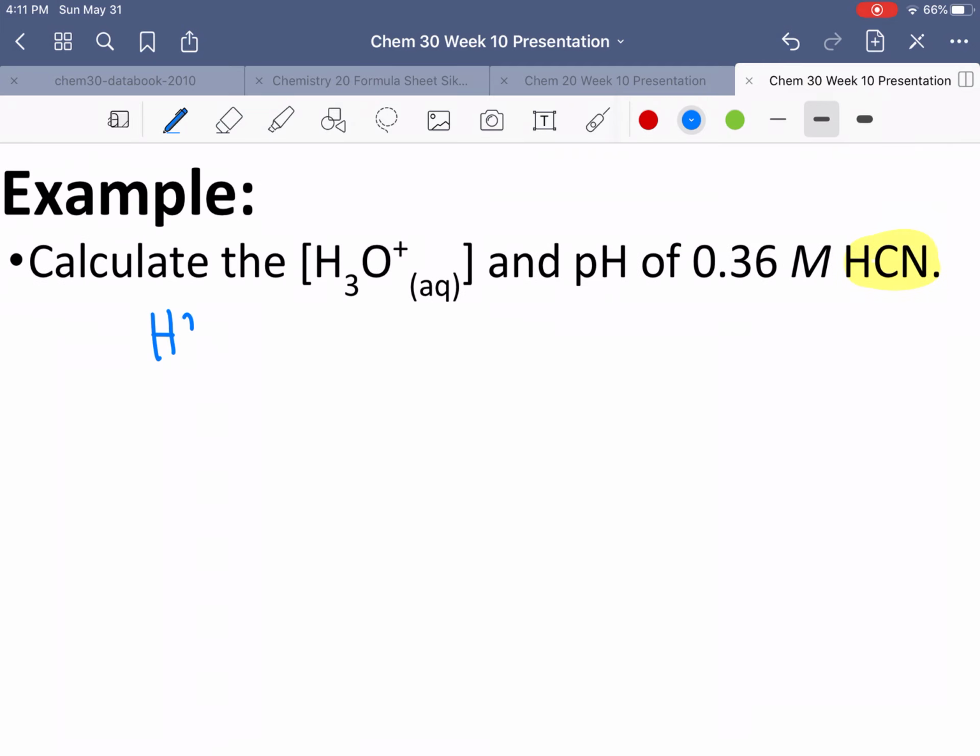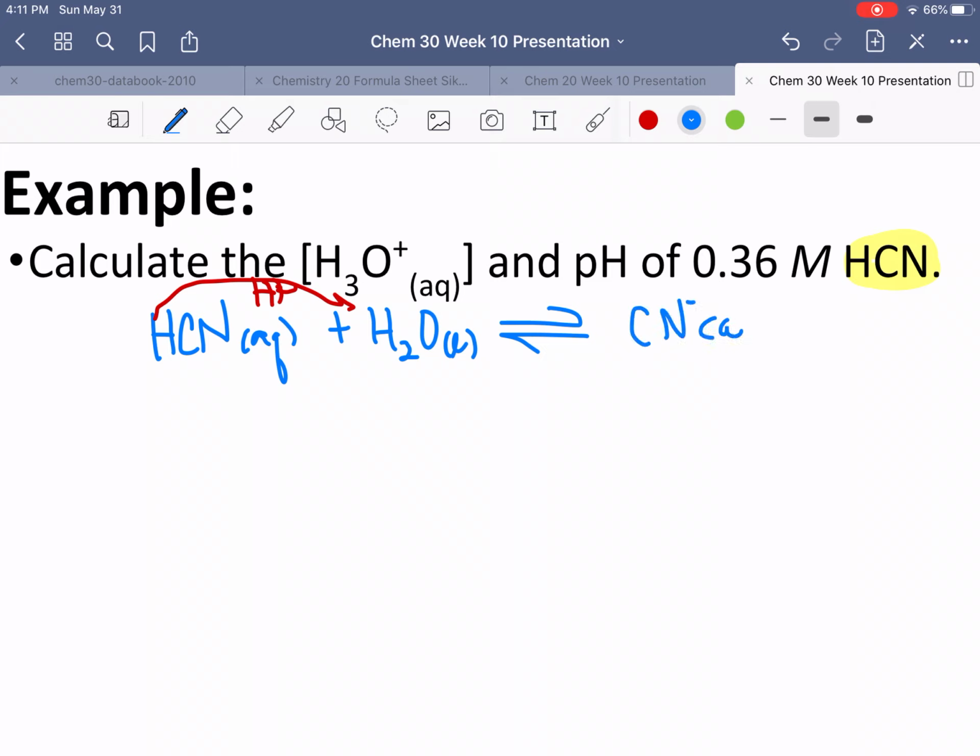We have HCN, this weak acid that is going to react with water to ionize. The hydrogen proton transfers from the HCN to the water. Equilibrium arrows, that's huge. We're left with the anion CN negative, and we're left with our hydronium.